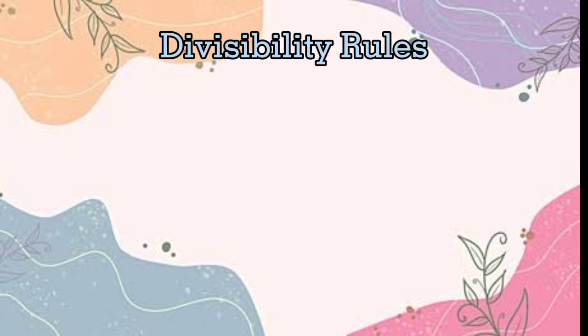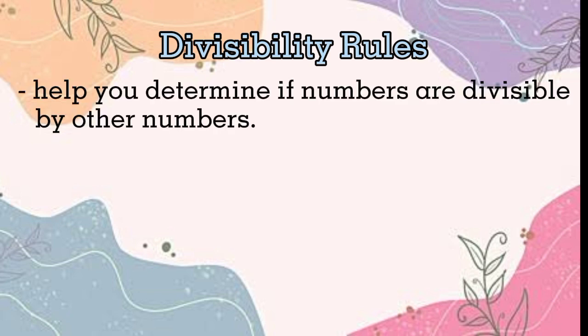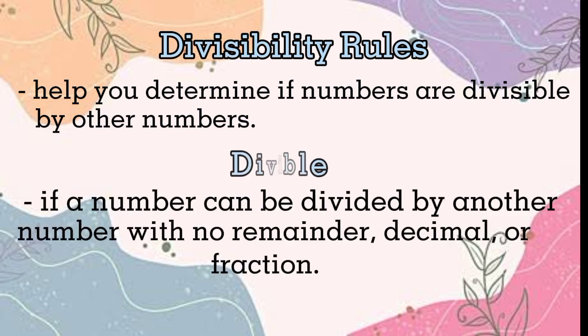Let's proceed to divisibility rules. Divisibility rules help you determine if numbers are divisible by other numbers. Divisible means a number can be divided by another number with no remainder, decimal, or fraction.